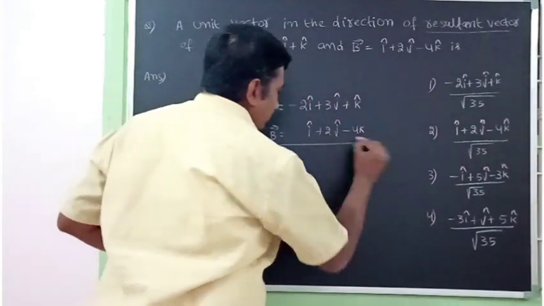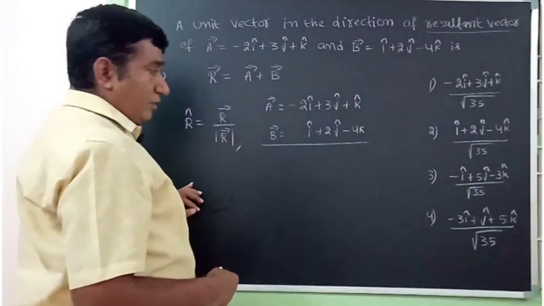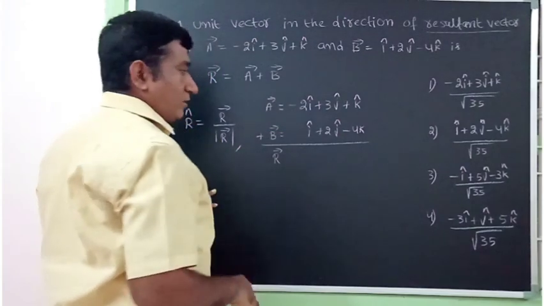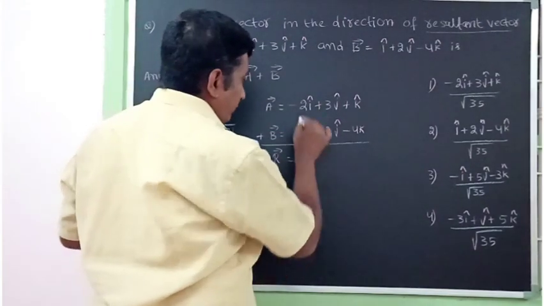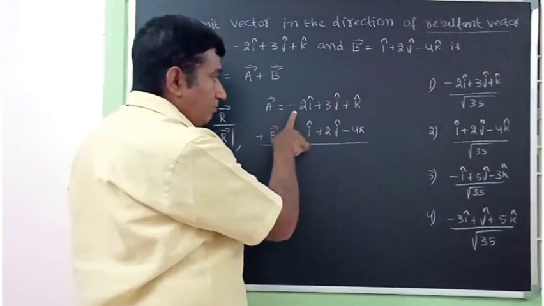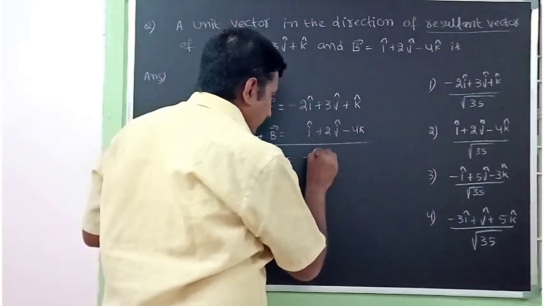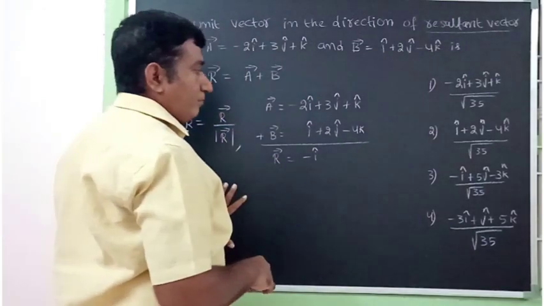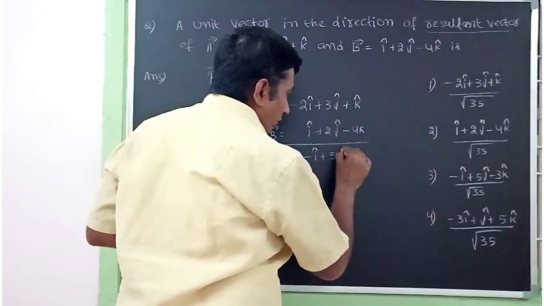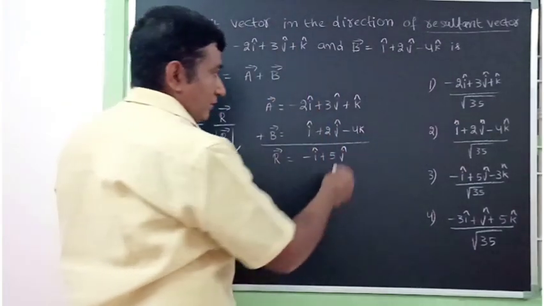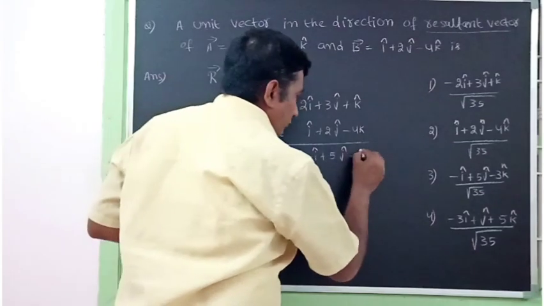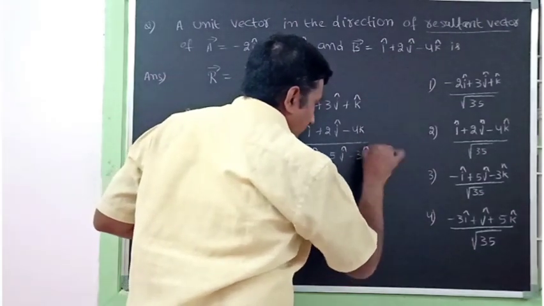Simply by adding these we can get the answer. The resultant vector R is equal to minus 2i plus i, and direction is also important, so we get minus i cap. Then 3 plus 2, because they are in the same direction along the y axis. In the same way, 4k minus 4k, which is nothing but 0k cap.